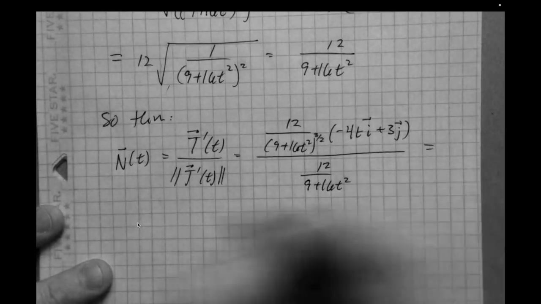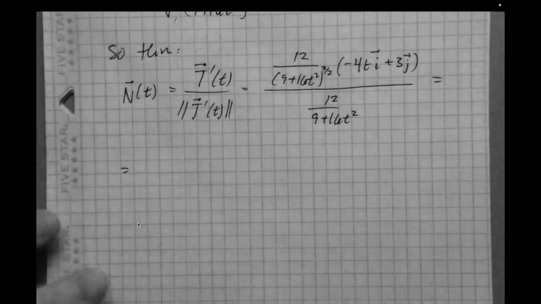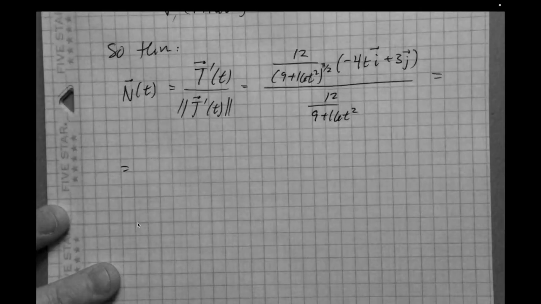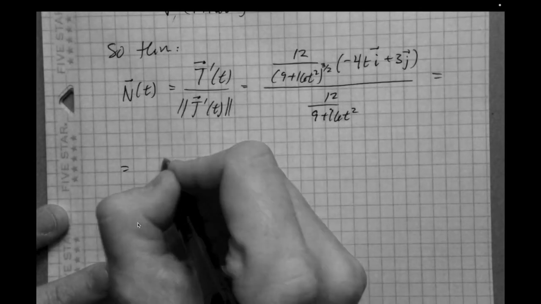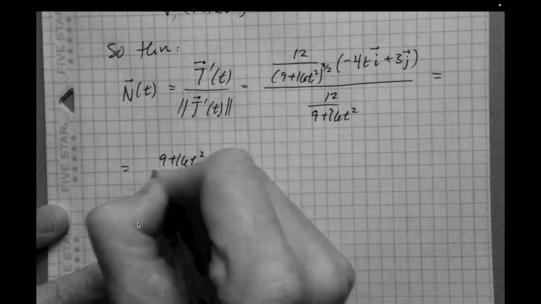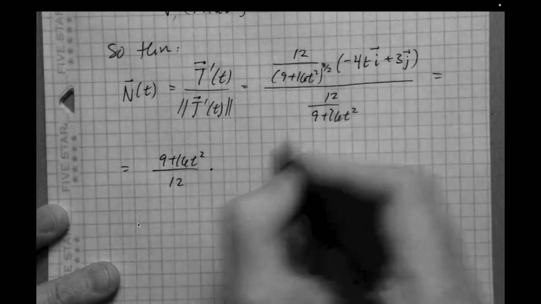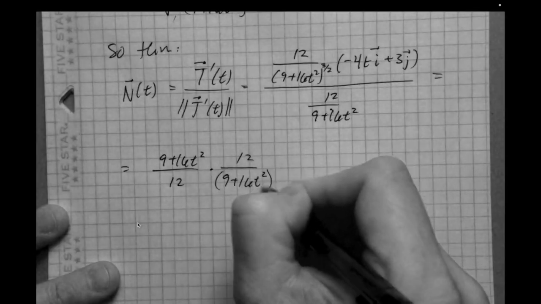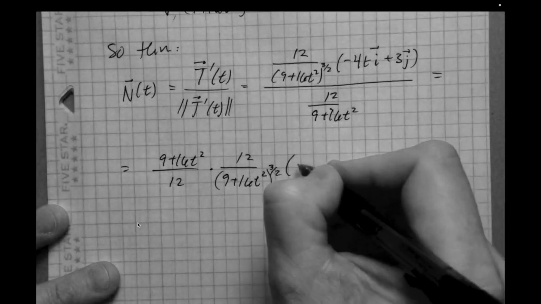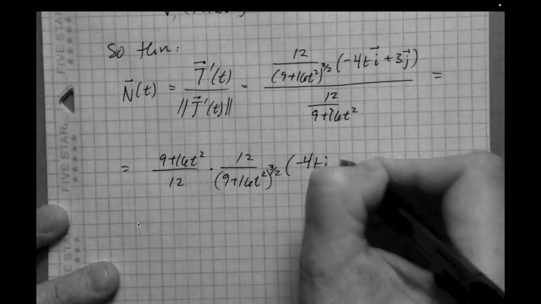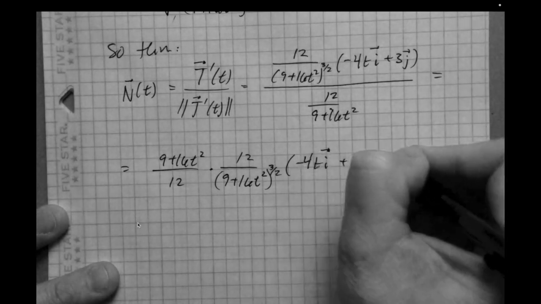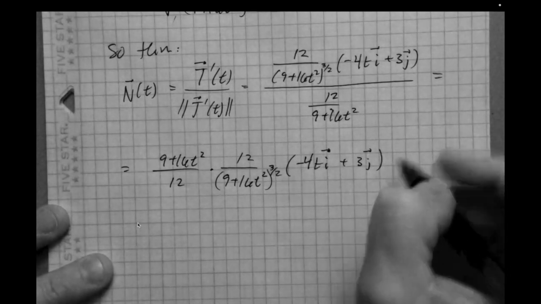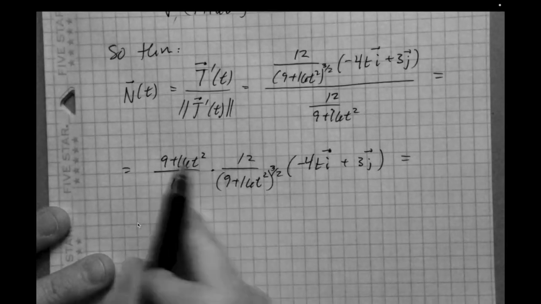Okay, and this one will simplify very quickly. All right, so we'll just take this piece here, invert and multiply. So 9 plus 16t squared over 12 times this. Okay, and then negative 4ti plus 3j. Okay, and so here you get the cancellation.